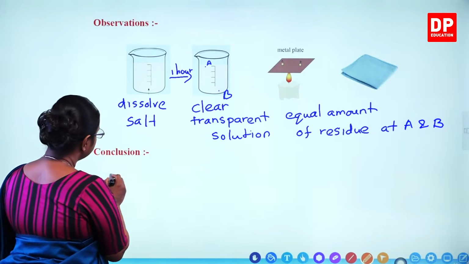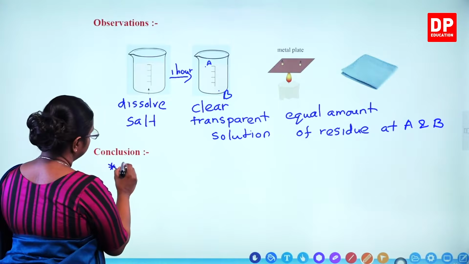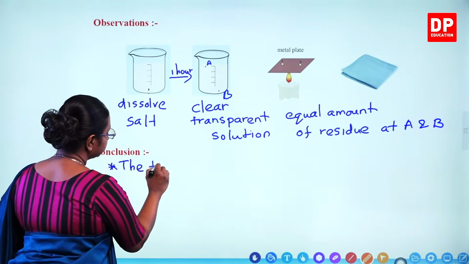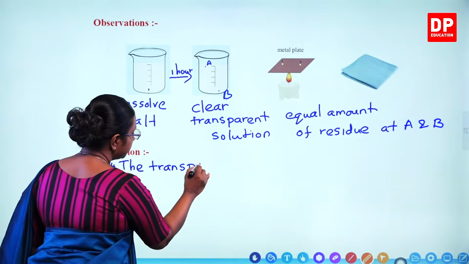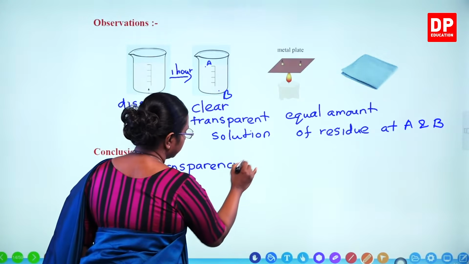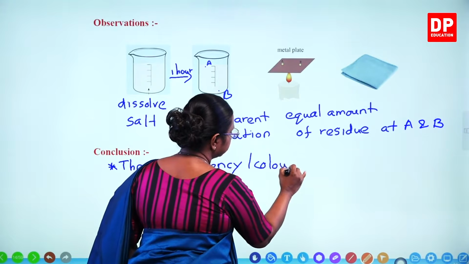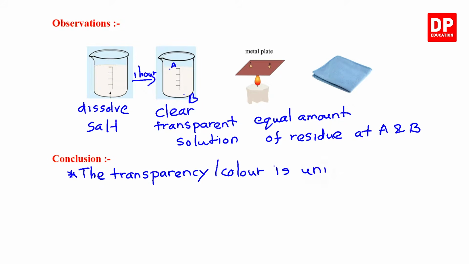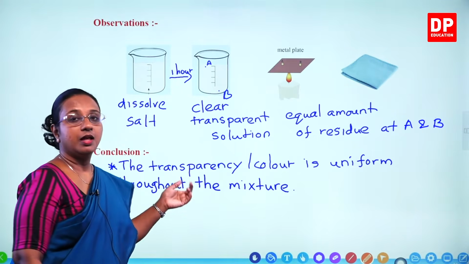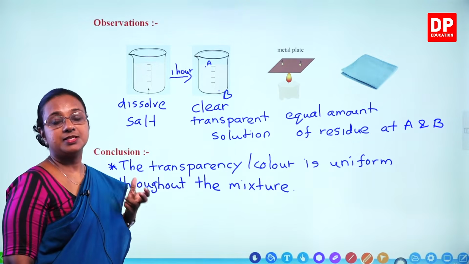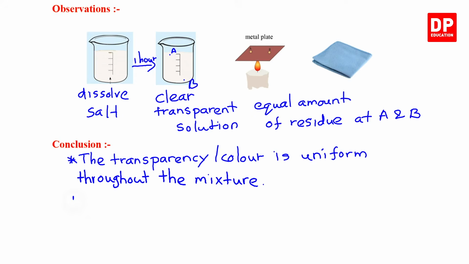So, here the conclusion is the transparency or color is uniform throughout the mixture. And the components present in a unit volume is the same.